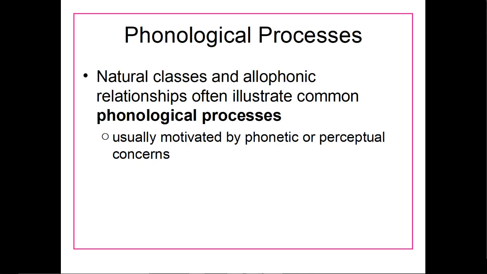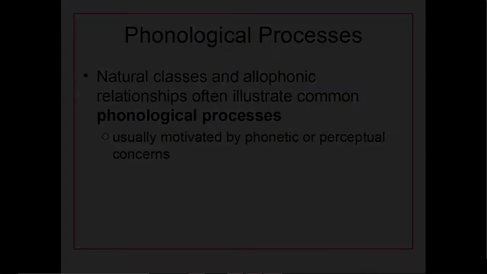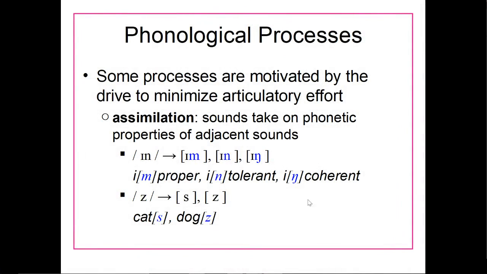So there are reasons that these changes occur. Some of these phonological processes are motivated by making something easier to say, so they are trying to minimize how hard it is to say something.